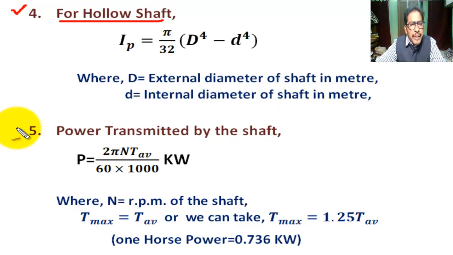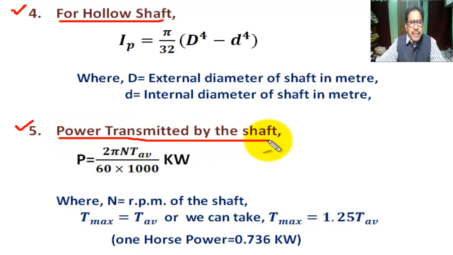Now, number 5, power transmitted by the shaft. Power P equals 2 pi n T average by 60 into 1000 kilowatt.